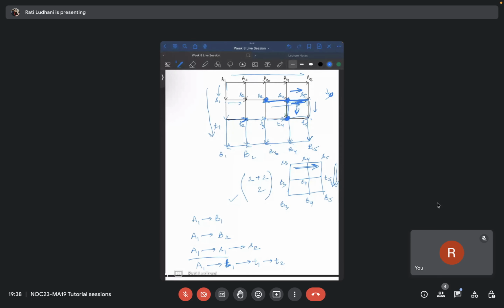So I can start with A1. I can look at how many ways I can go from A1 to T1, and also from A1 to T2. Then I see from T1 to B2 and from T2 to B2 individually.